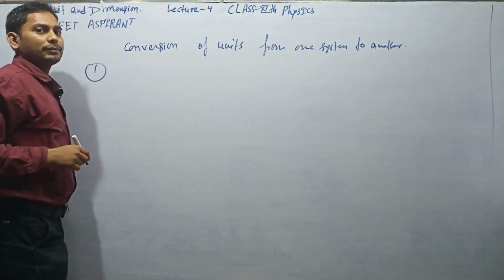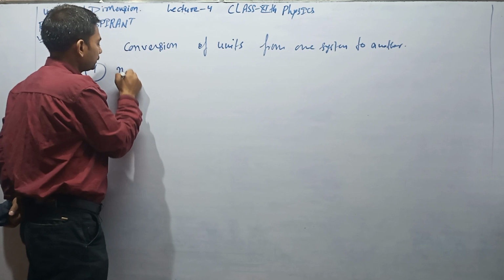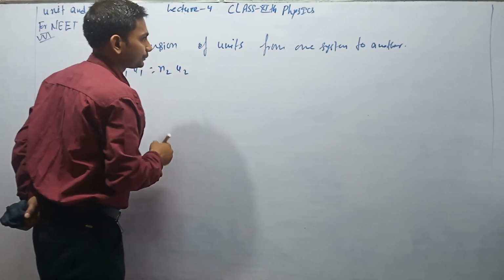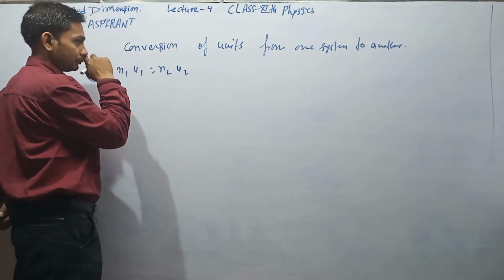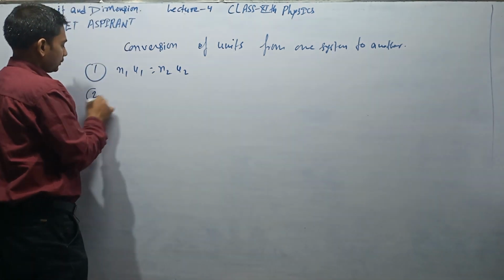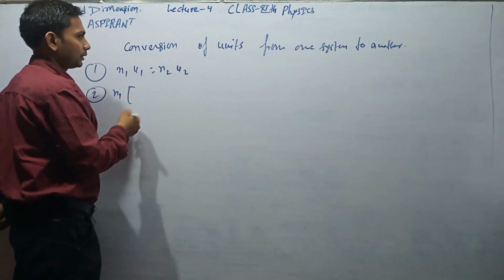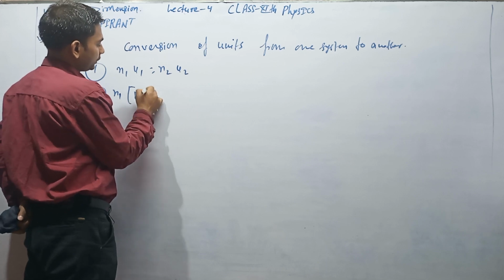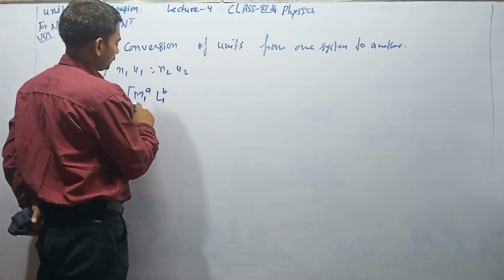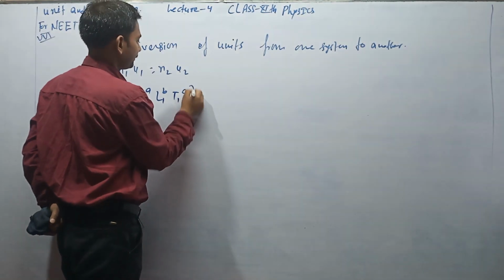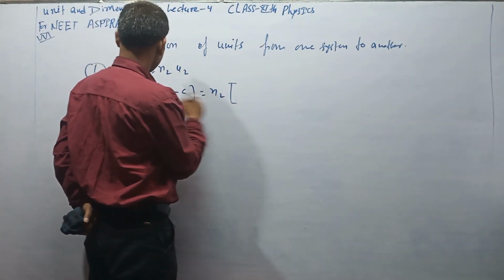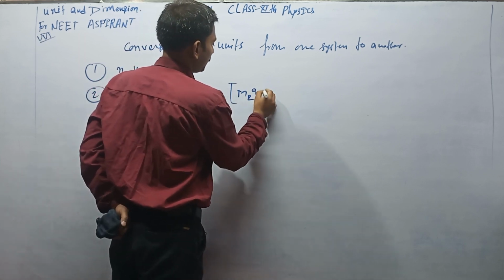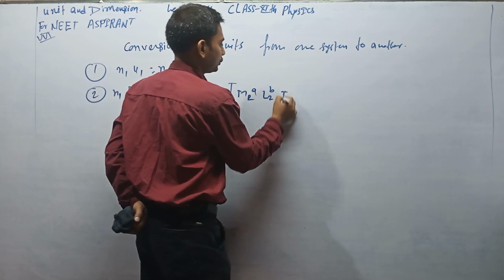Here, shortly, we will discuss n1 u1 equals n2 u2, and n1 [M1^a L1^b T1^c] equals n2 [M2^a L2^b T2^c].